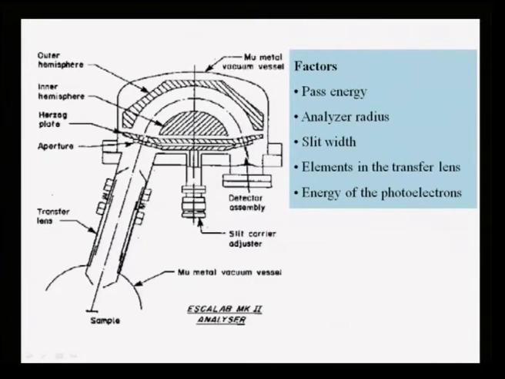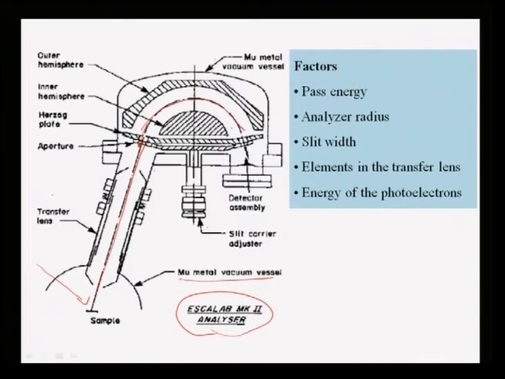I am showing you this schematic picture which I obtained, not very good, but it can be seen here. This is present in the SCA-Lab MK2 analyzer. You have a metal vacuum vessel, the sample is here, and the X-ray falls like this and the photoelectrons get transferred there, and then there are different plates. There is an aperture here through which electrons pass.